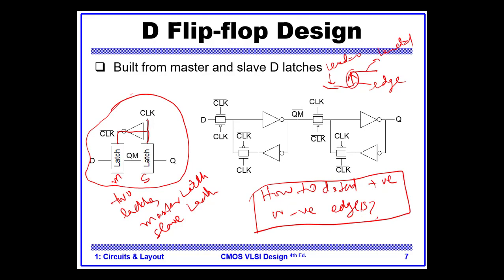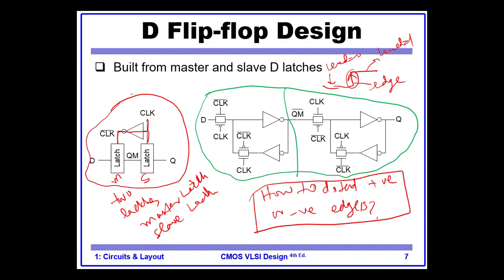So this is the circuit for the two latches connected. This is the master until this point, and this is the slave. We have this QM which is connected to the slave.